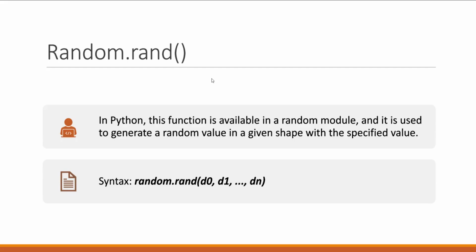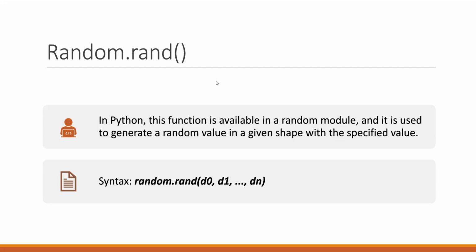So here is the syntax of random.rand, and within this function there is only one parameter, which is the dimension of the input array. The d0 parameter controls the number of values along axis 0. The d1 parameter controls the number of values along axis 1, and so on up to dn.